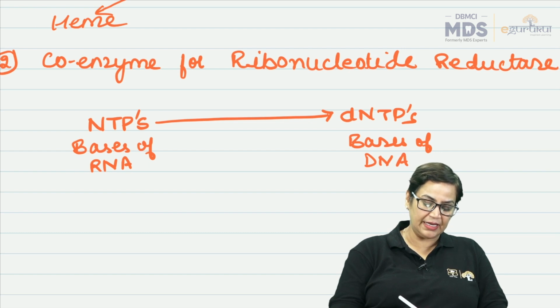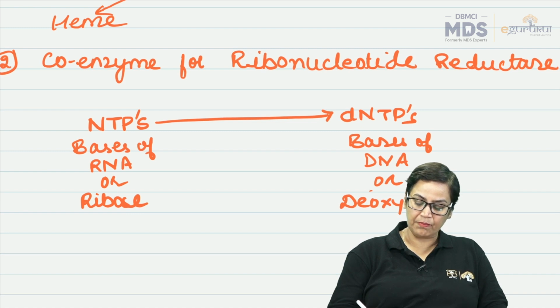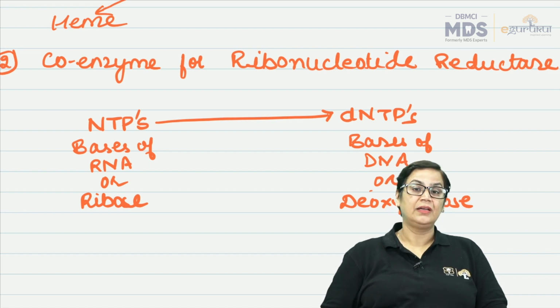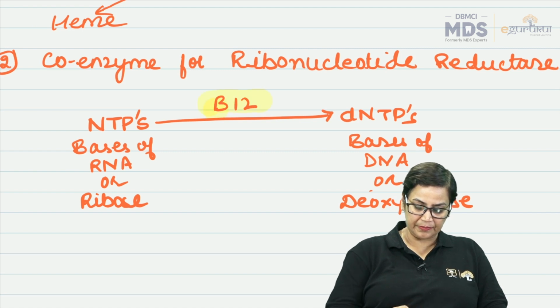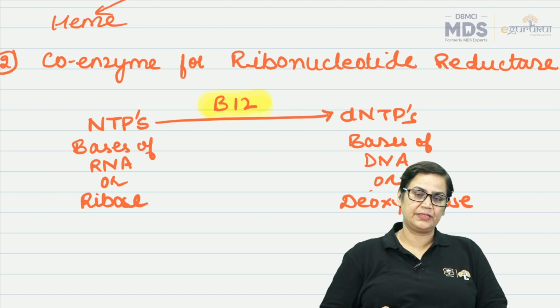Or you can say it converts a ribose sugar into deoxyribose sugar. Right? So this is again a very, very important coenzyme function of B12, that it is required for the conversion of NTPs into dNTPs.